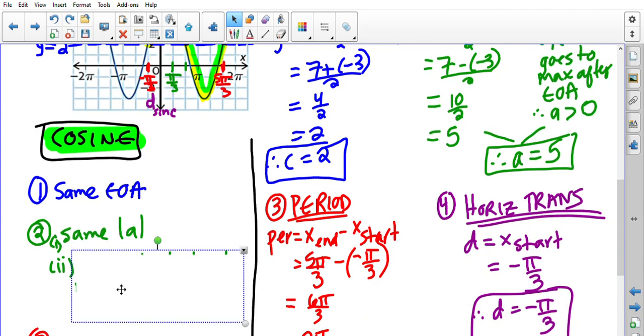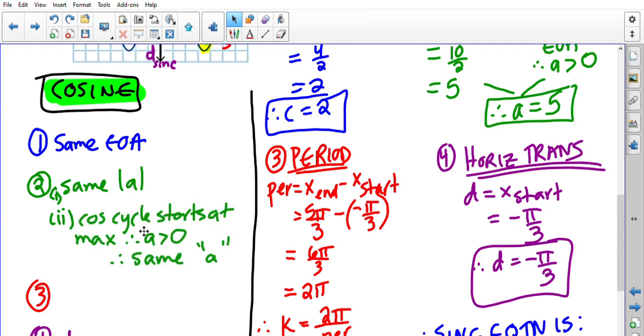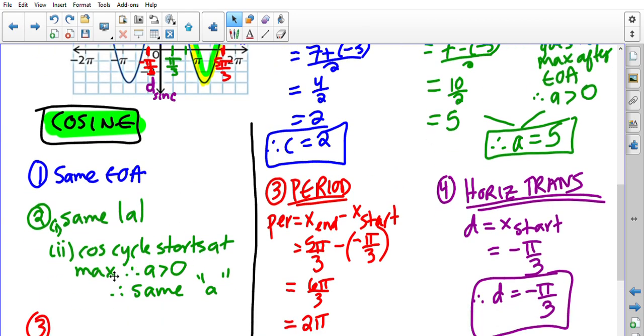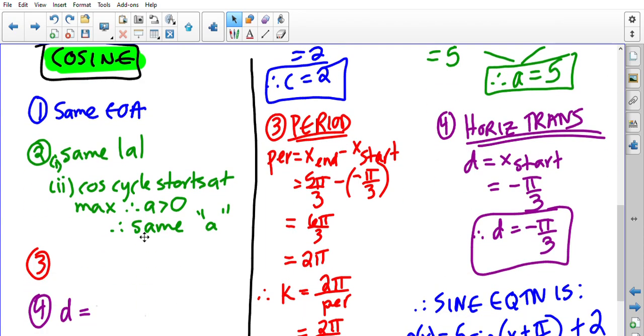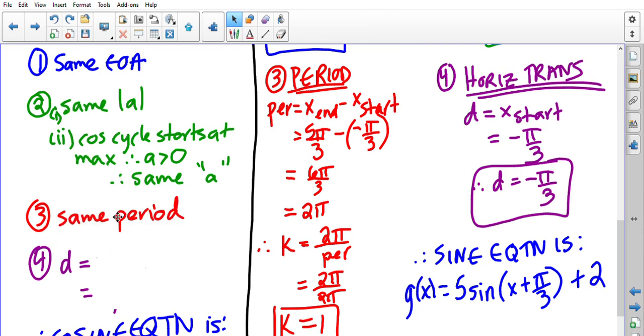However, depending on what cycle of cos that you've highlighted, the a could be positive or negative. Because I highlighted a cos cycle that started at its max, I'm assuming a is positive, so in this case they also have the same a value of positive 5. The period of the function for sine and cos is always the same.